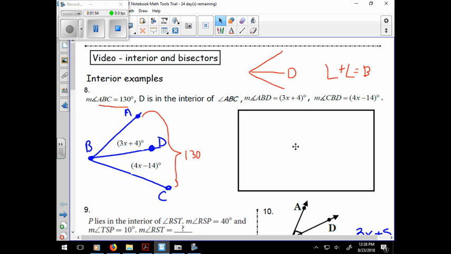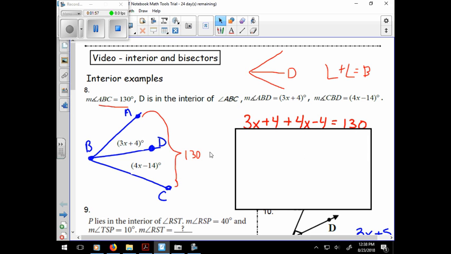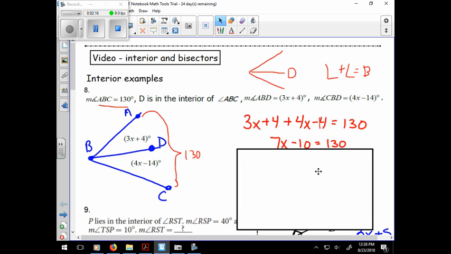Alright, so I'm going to say my 3x plus 4 right here plus my 4x minus 14. I forgot the 1 in front of that 4, so let me go ahead and put that in there. Don't forget to do that. Okay, so now I'm going to add like terms.